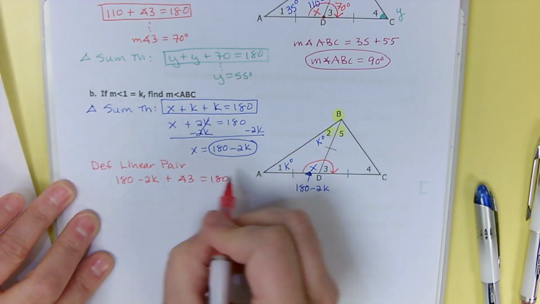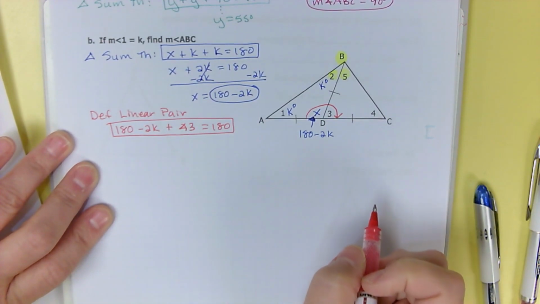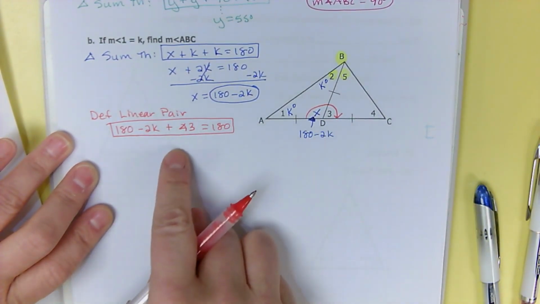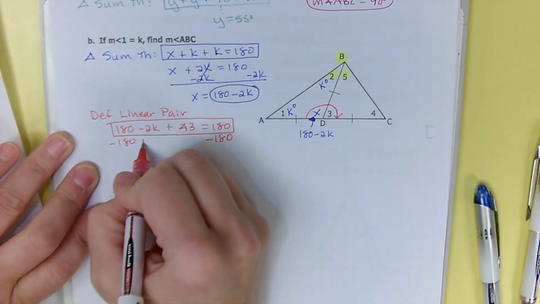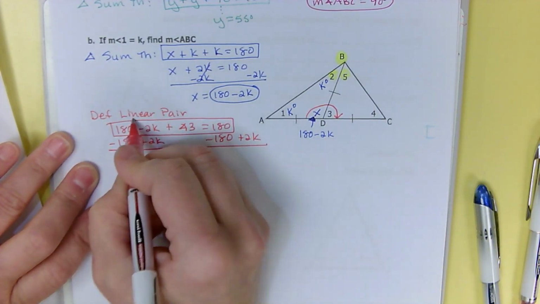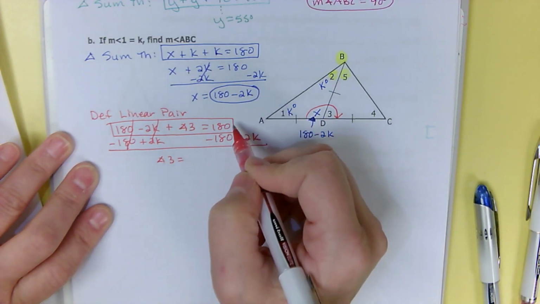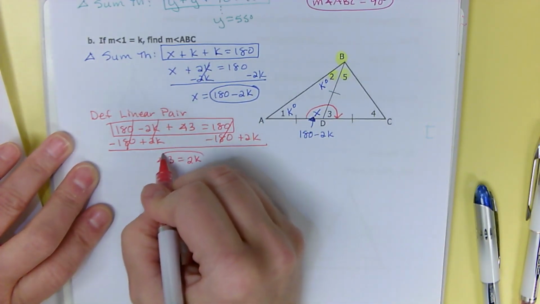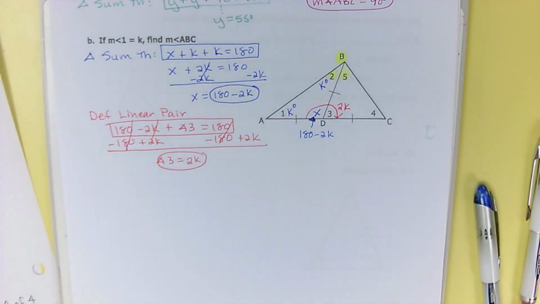Those have to add up to 180 degrees because they are a linear pair. All right, I need to solve for angle 3. That's the one I'm looking for. So I'm going to subtract 180 over to the right and add 2K over to the right. So I get angle 3 equals, and interestingly enough, the 180 subtract out. So angle 3 equals 2K. We're going to label that 2K.